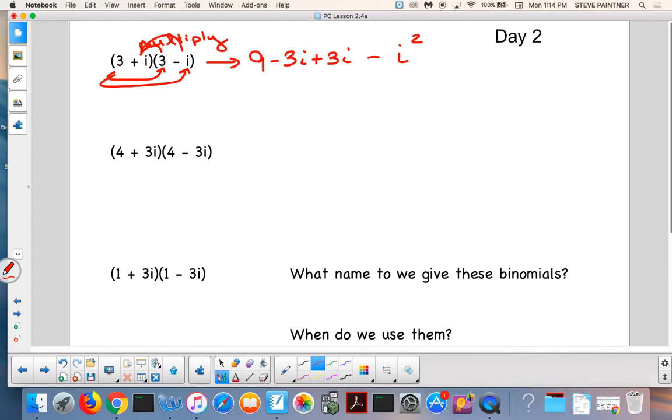Okay, what happens with the, any like terms happening here? Those are imaginary numbers. 3i, take away 3i, they're gone.